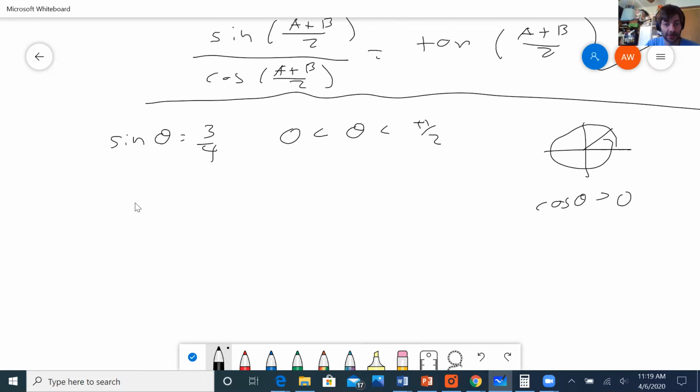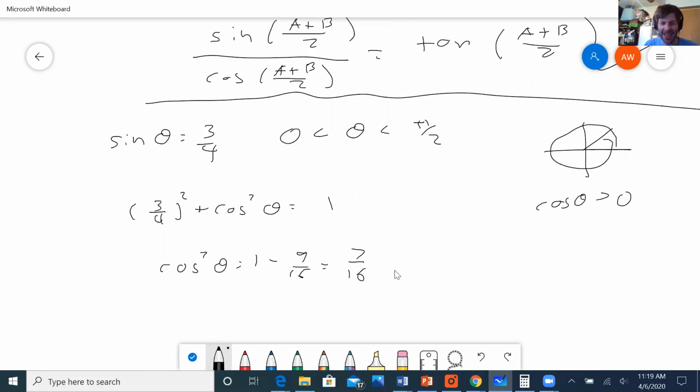So if the sine theta is 3/4, I know the cosine squared theta is 1 minus 9/16, which is 16 minus 9 is 7/16.